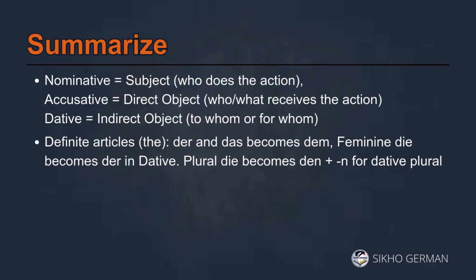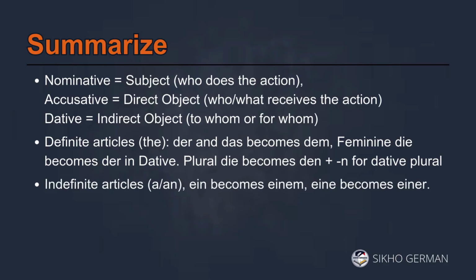Feminine die becomes der in dative, and plural die becomes den in dative, and you add n to the noun. Third, for indefinite articles, a or an, masculine and neuter, ein, both become einem in dative. Feminine eine becomes einer in dative.